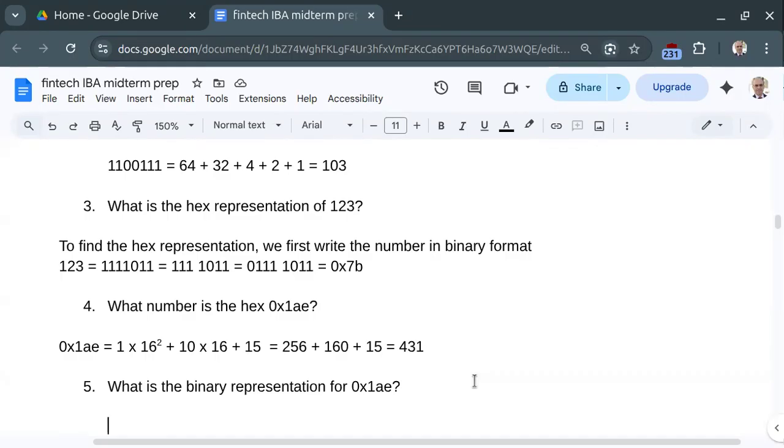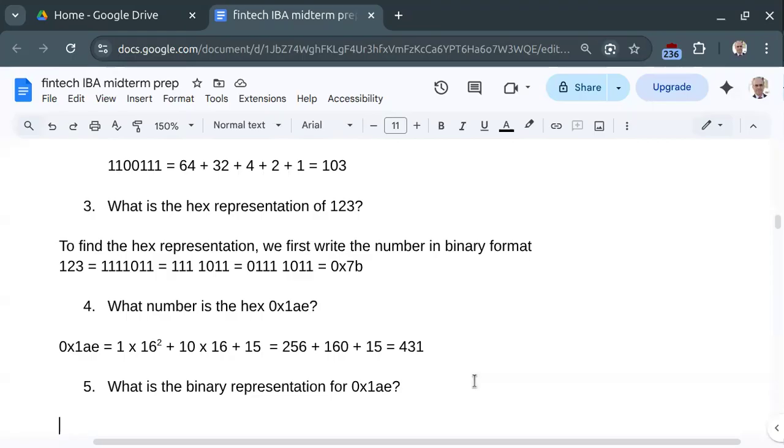Of course one can do it by taking 431 to binary, because we know 1AE hexadecimal is equal to 431 decimal, but this is probably not the smartest way of doing it. Here, what we remember is hexadecimal is the cousin of binary. So you can go back and forth from hexadecimal to binary very easily without any calculation.